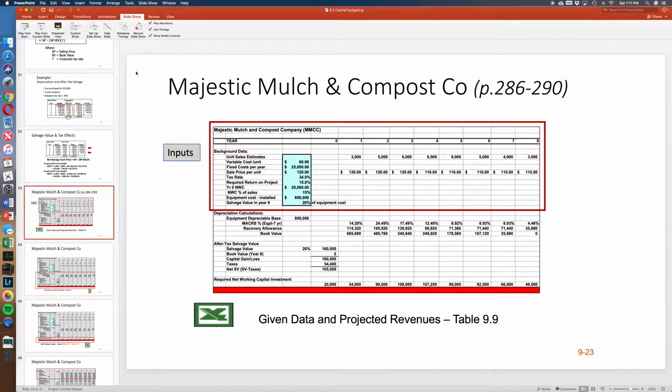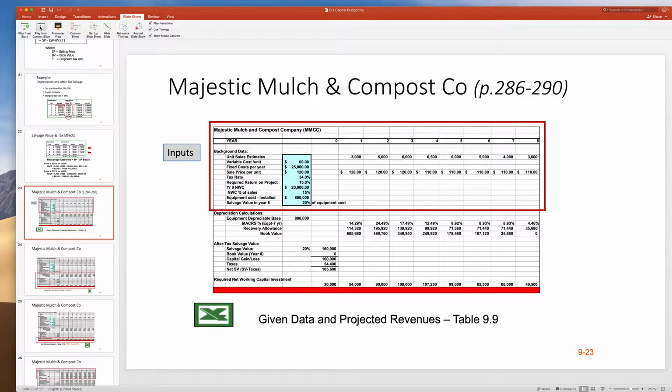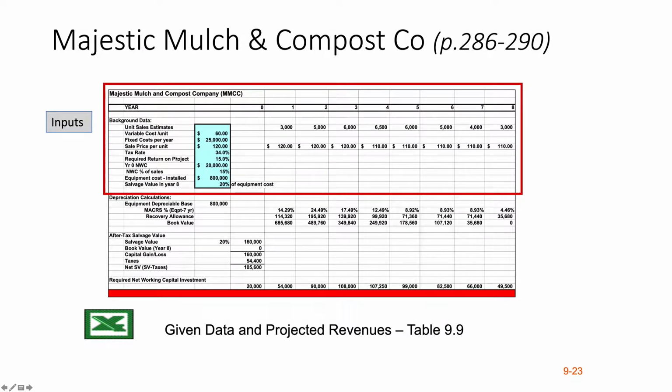We are starting from table 9.9. So it's input. For example, you are told the unit sales are given at 3,000 the first year, 5,000 the second year, going up, then going down, for 8 years. This is like sales going up, going down.